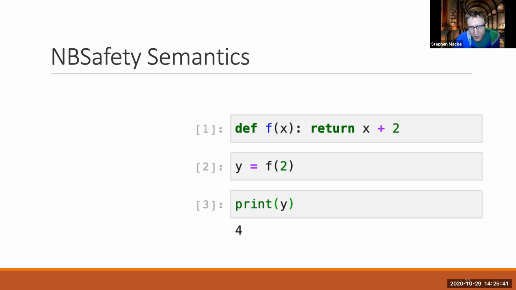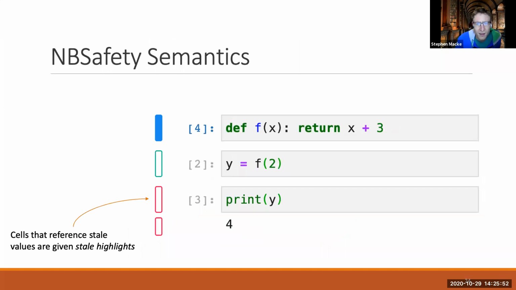So if you recall, we have three cells. We define a function, we call it, and then we print the result. In NBSafety, if we end up redefining the function, so now it returns x plus 3 instead of x plus 2, we get two different kinds of highlights on cells that could be depending on this redefinition.